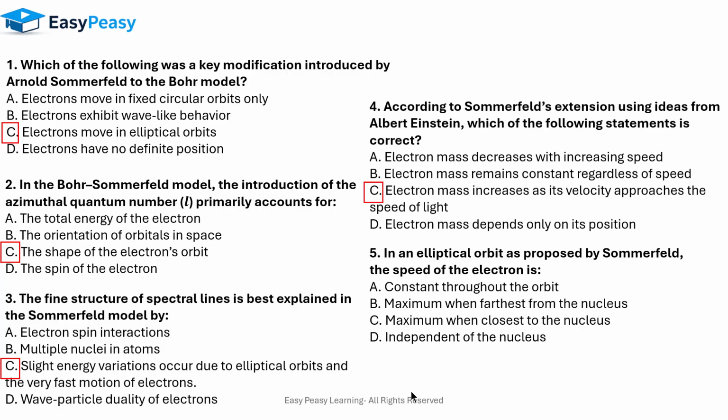Electron's mass increases as its velocity approaches the speed of light. In an elliptical orbit as proposed by Sommerfeld, the speed of the electron is maximum when closest to the nucleus.